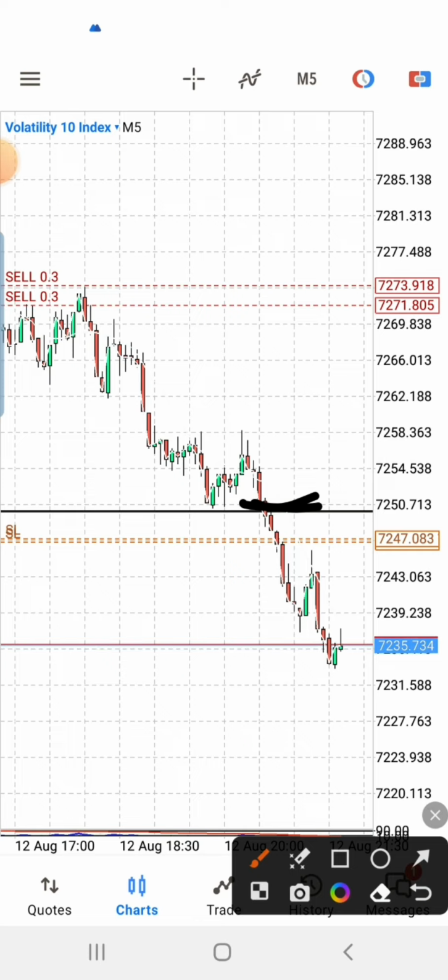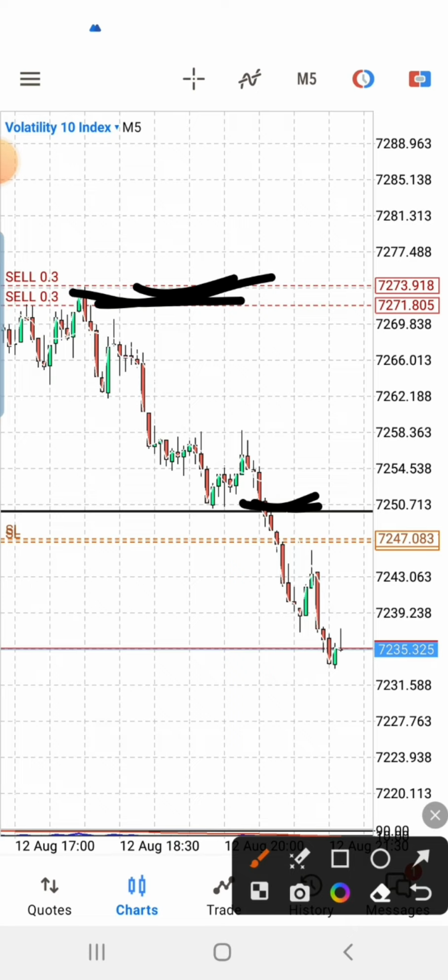Before that, I pushed the stop loss to entry, which is break even. Then after closing the 3 trades, after hitting the first TP, I shifted the stop loss to this zone.